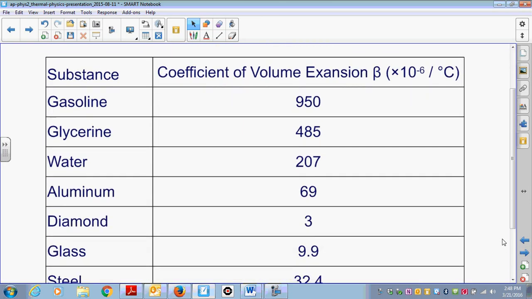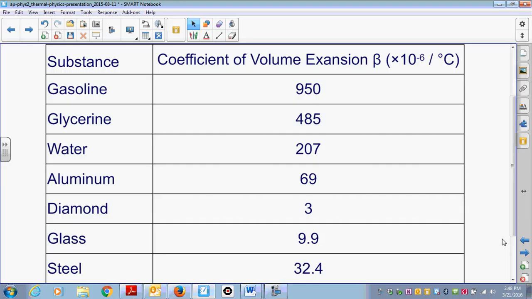So here are some examples of the coefficient of volume expansion. And again, we multiply all of these numbers by 10 to the minus 6 times 1 over Celsius degrees.